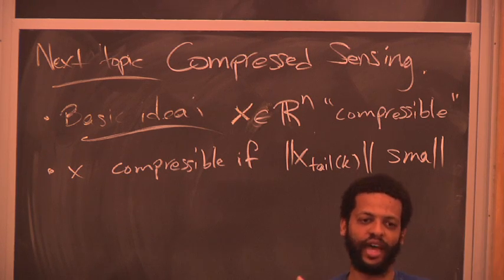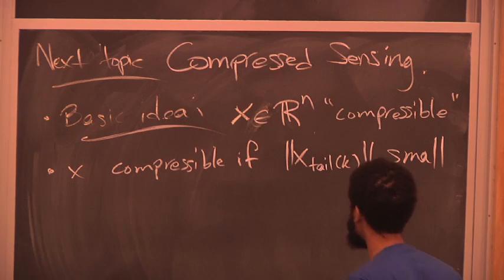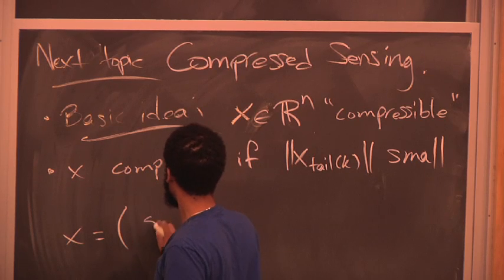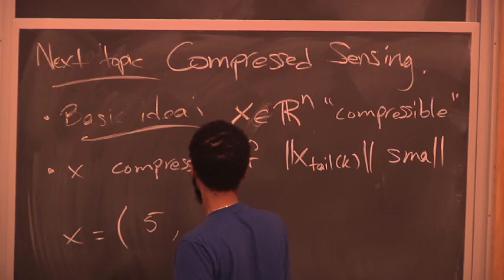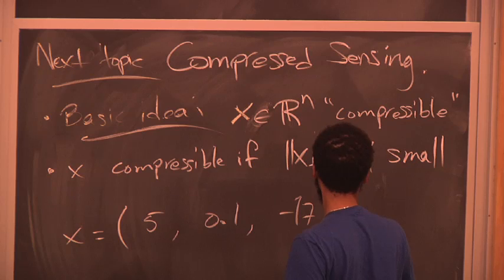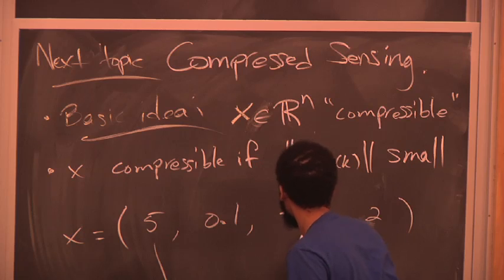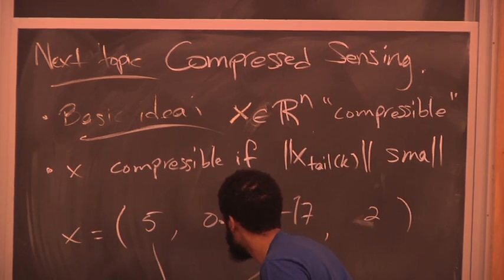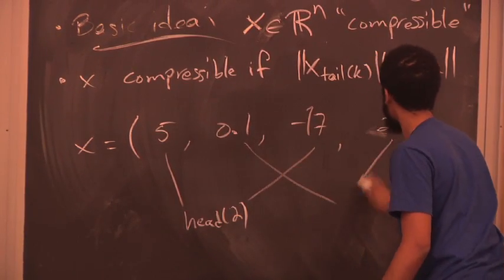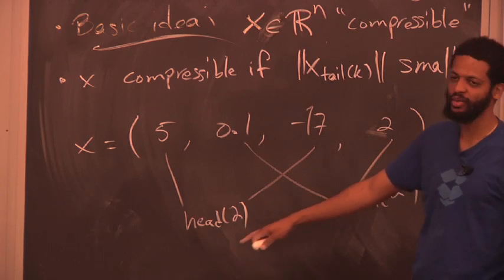And then all the other n minus k coordinates are the tail. So for example, if x is 5, 0.1, minus 17, or 2, then these are part of the head, and these are part of the tail, with k equal to 2 because I kept the top 2 entries.